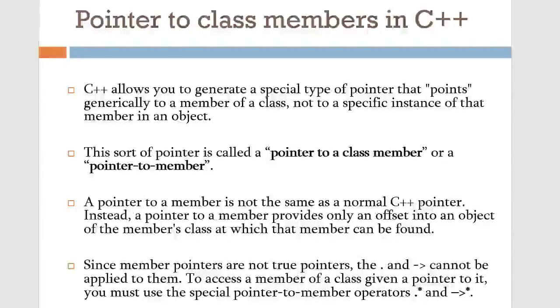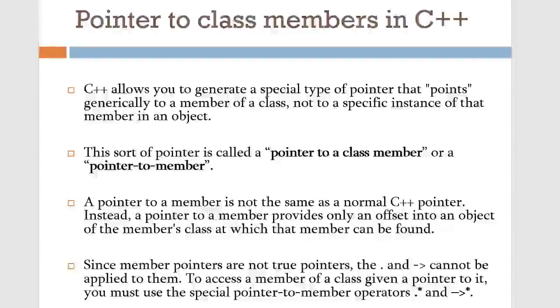And that address is then assigned to that member pointer variable. And since member pointers are not true pointers, the dot and arrow operators cannot be applied on them. To access a member of a class given a pointer to it, you must use the special pointer to member operators, which are the dot asterisk and arrow asterisk operators.